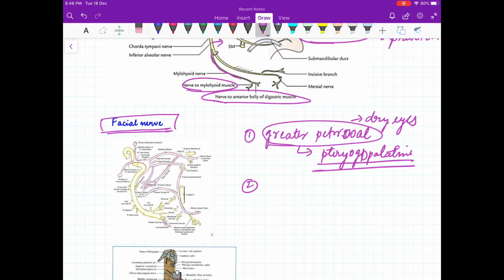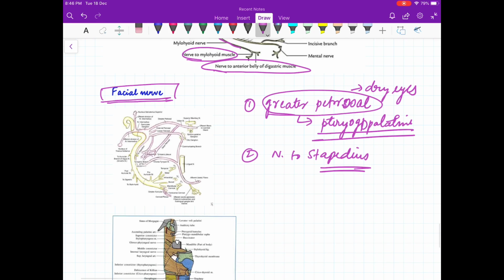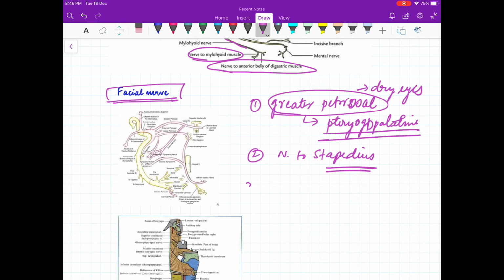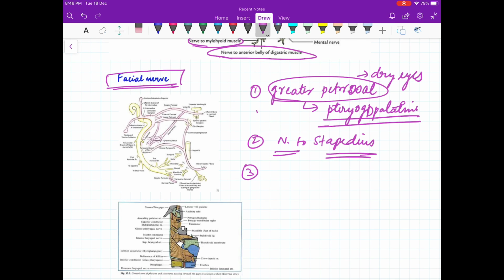Second branch is the nerve to stapedius, which supplies the stapedius muscle in the middle ear. And when there is injury at this level, then the stapedial reflex is lost.